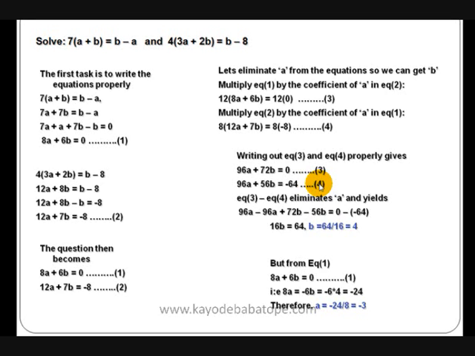However, if you want to do strictly the elimination method, you just come back to this set of equations and instead of eliminating a like you did in this procedure, try to eliminate b by multiplying equation 1 by 7 and multiplying equation 2 by 6. You will convince yourself that you will obtain a value of a equals minus 3.